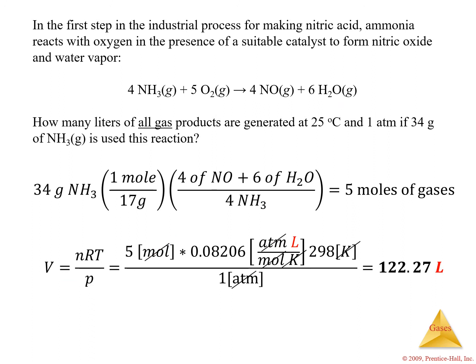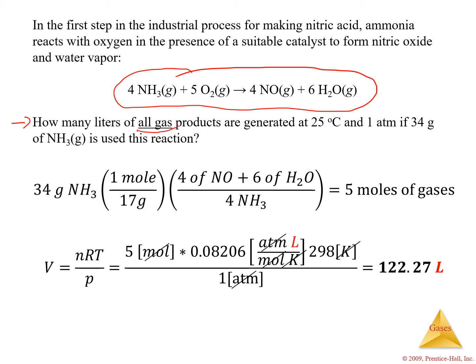Here I want to stay with the same problem, the same chemical reaction, but I'm going to change the question. So here it is. How many liters of all gases, and I underline all gases, which are products, are generated at 25 Celsius temperature, 1 atmosphere, if 34 grams of ammonia is used in this reaction?